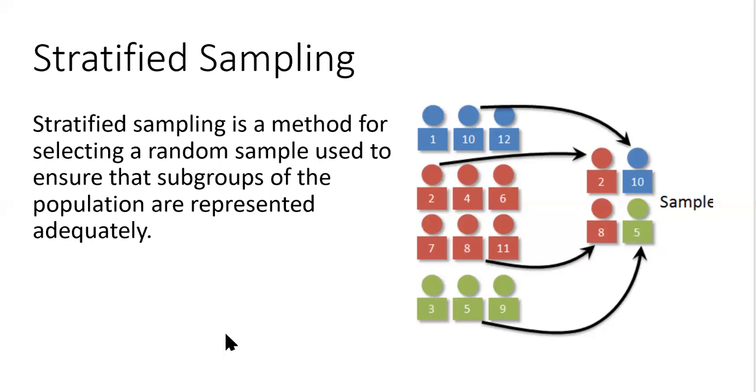As you can see in this picture, we have 3 blue members, 3 green members, and 6 red members, which is twice as big a number as for blue members or green members. So when we select a sample, we select twice as many red members as blue or green members.